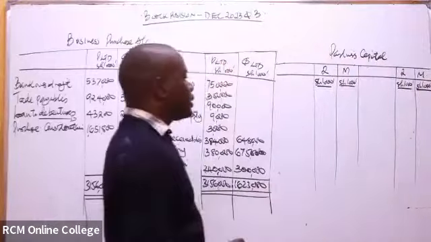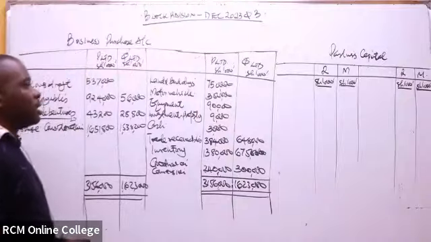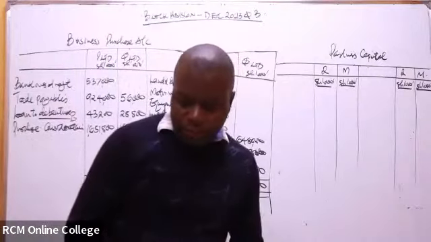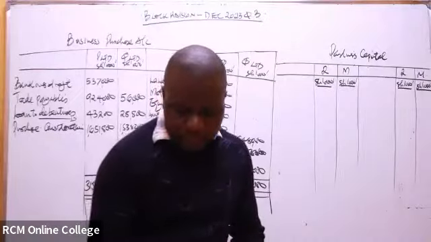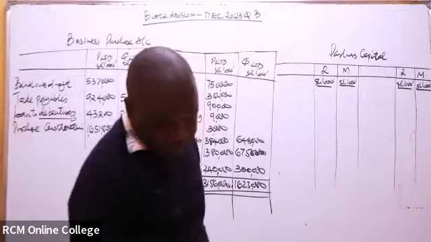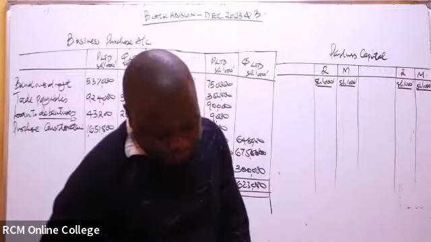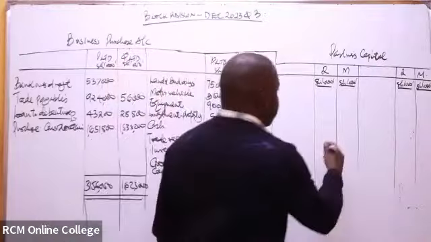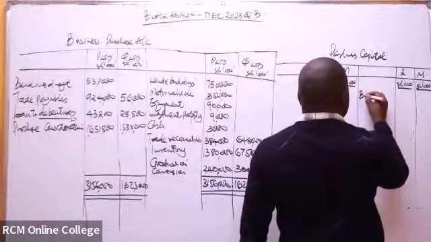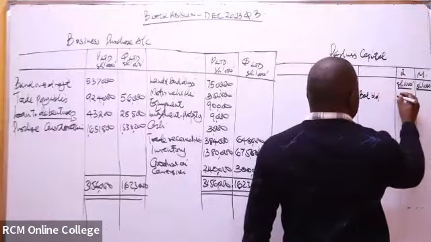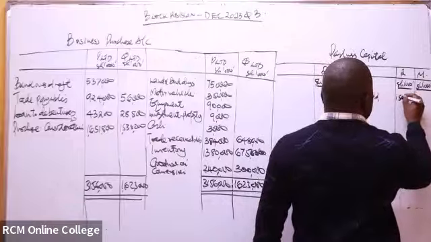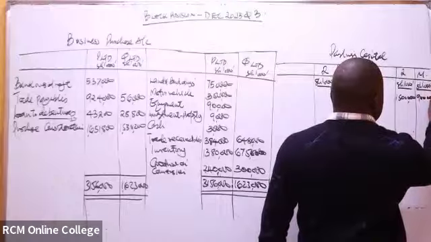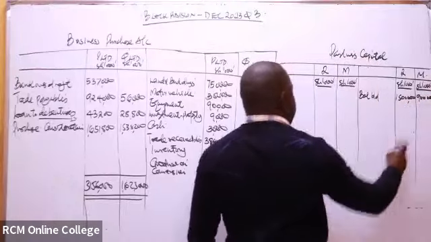We have shillings in thousands. Then we have the balance brought down for the partners from the balance sheet, what you've been given there: 1,500,000 and 900,000.